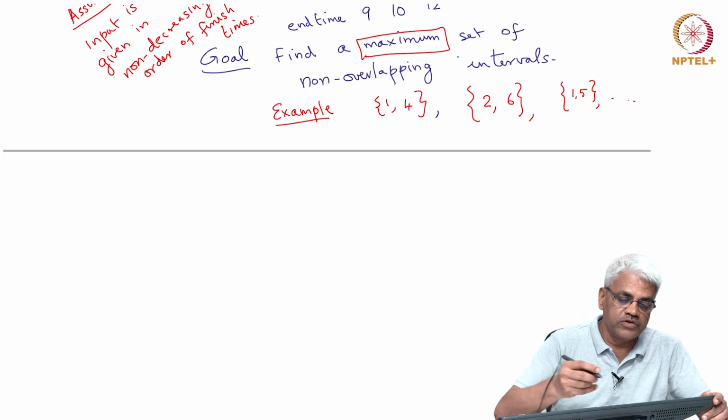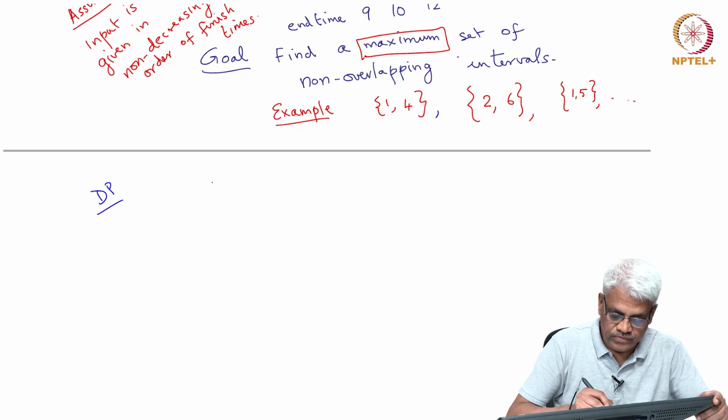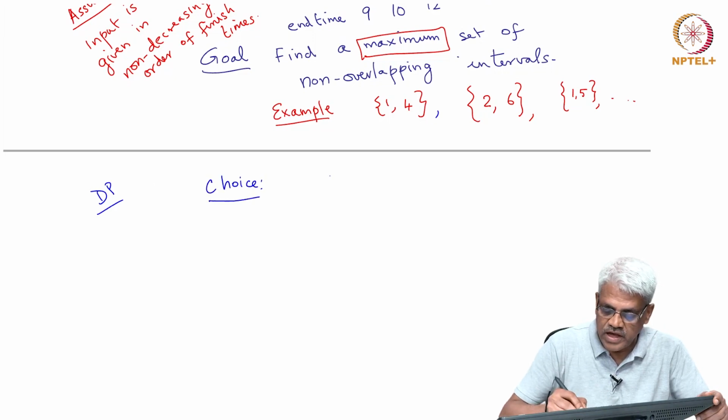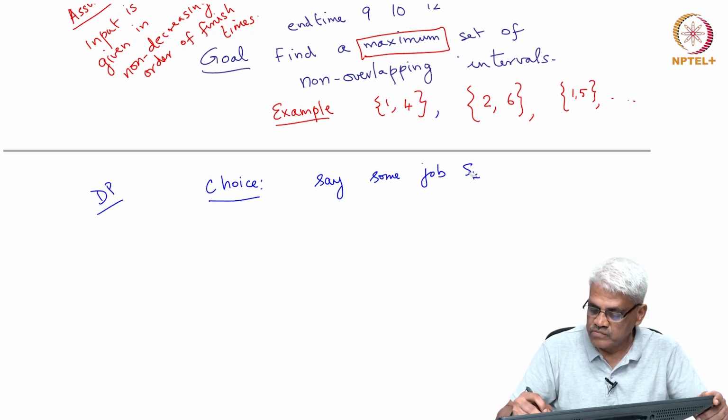So if I want to use DP, then we know, let me make a choice, right? Say some job k, which has a start and end time of Sk and Tk, is in the solution.